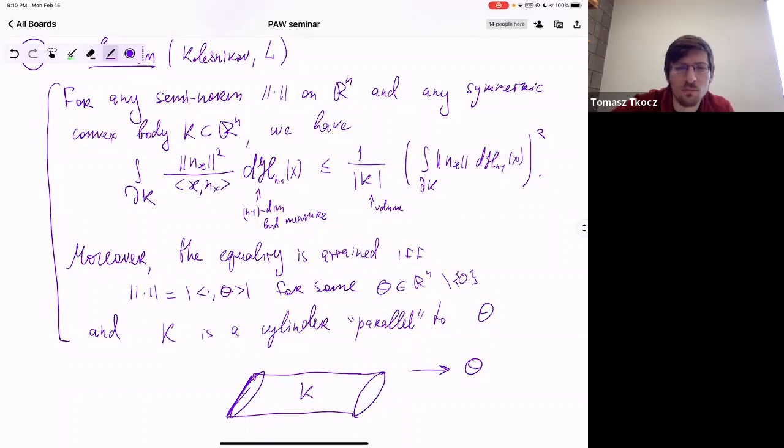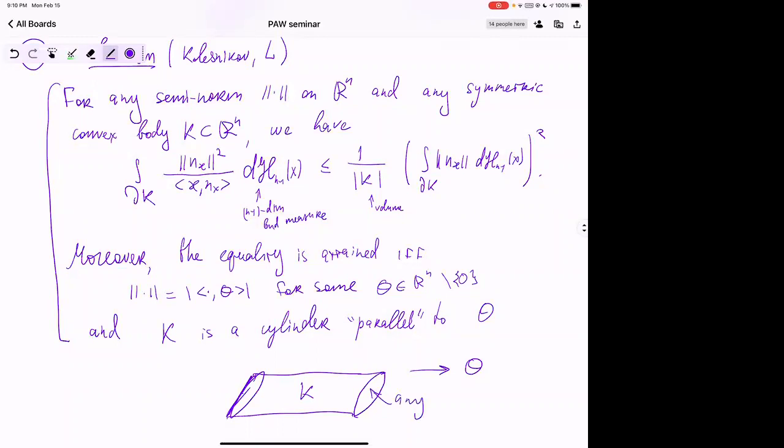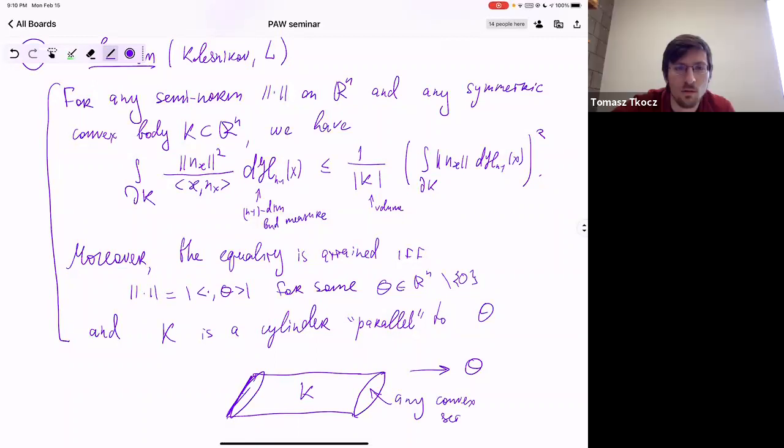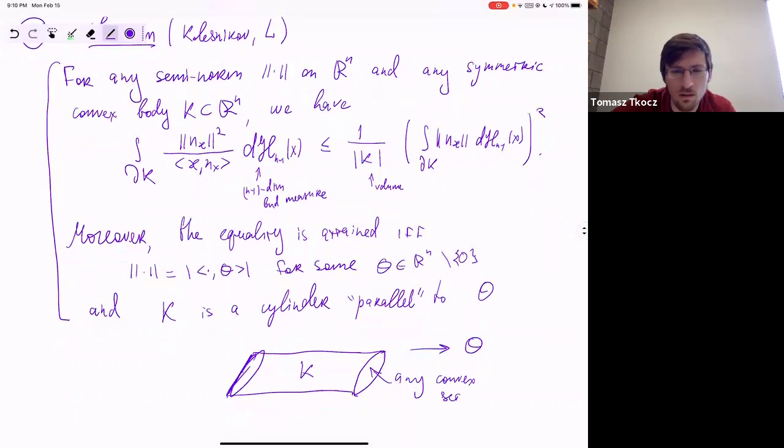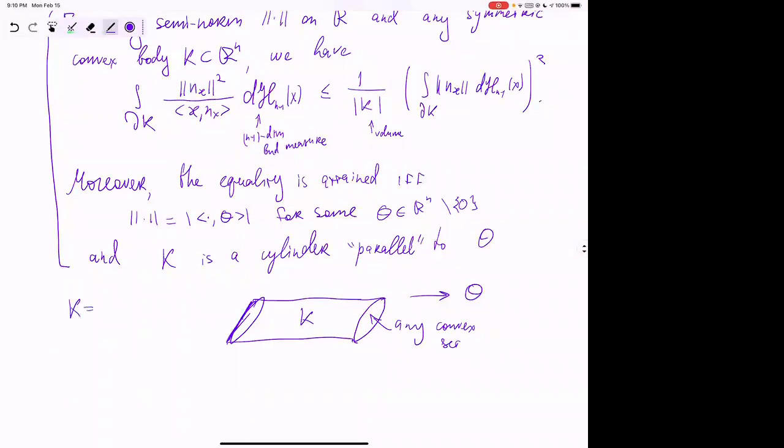So what's in the base of the cylinder? It's anything? Absolutely anything. Any convex body. So it's an infinite cylinder? No, it's a product of the interval and any base. Let me write it in a cool way. It's a product of minus theta times t or whatever, product with C, where C is an n-1 dimensional bounded convex set.